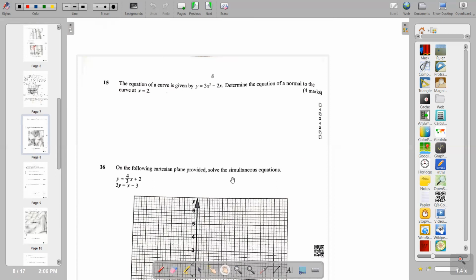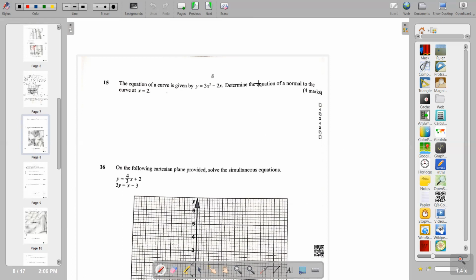The equation of a curve is given by y equals 3x squared minus 2x. Determine the equation of the normal to the curve at x equals 2. Now this one is a topic in Form 4 known as calculus, and a subtopic known as differentiation.